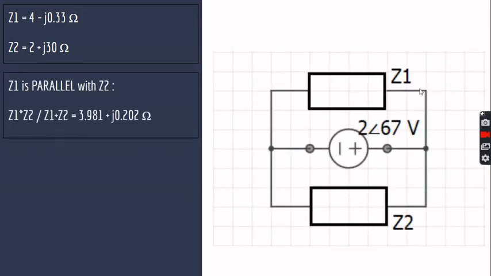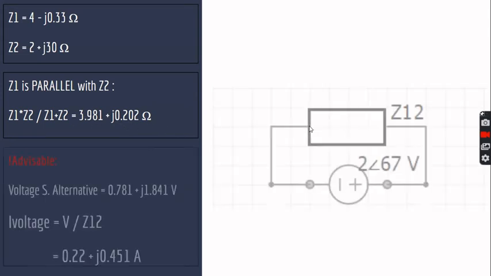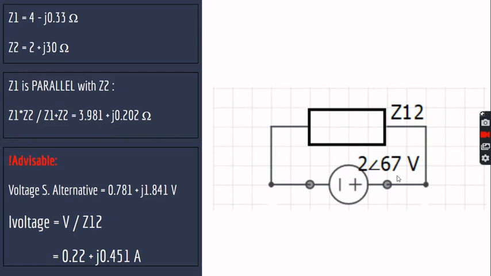As you can see here, we got Z1 and Z2 over here, and then this C1 and C2 are in parallel with each other. So again, apply the normal formula, and then you get this particular number, with which you can now find the current that is coming out of this voltage source.